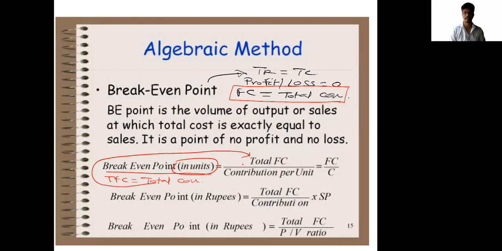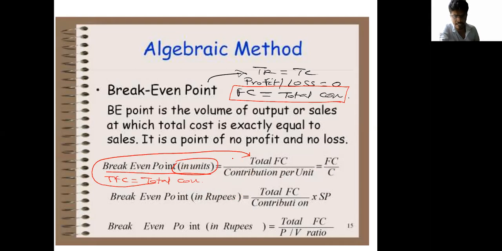So in break-even point, if total contribution equals total fixed cost, in place of total contribution we can put total fixed cost. Then one way of calculating break-even point in units is total fixed cost divided by contribution per unit.